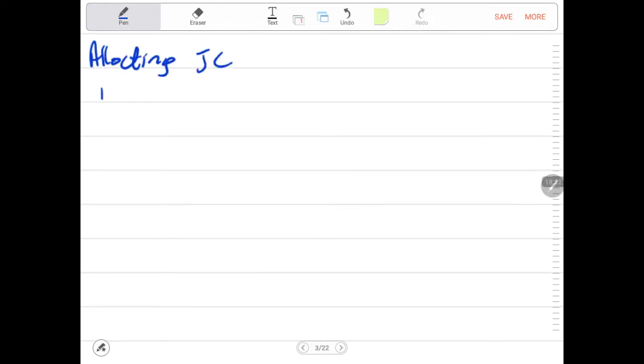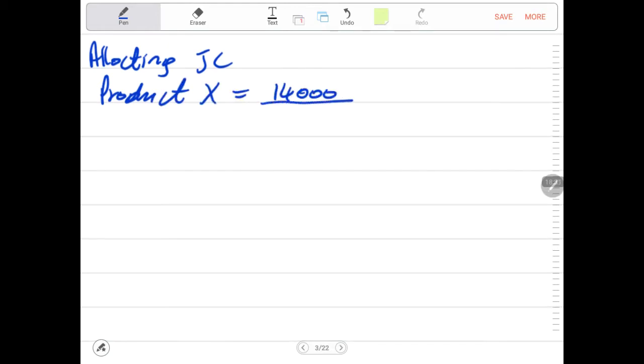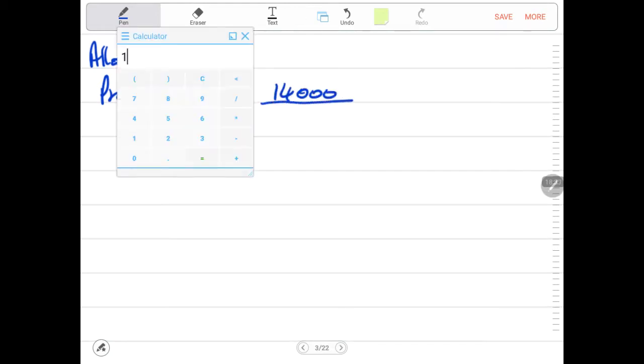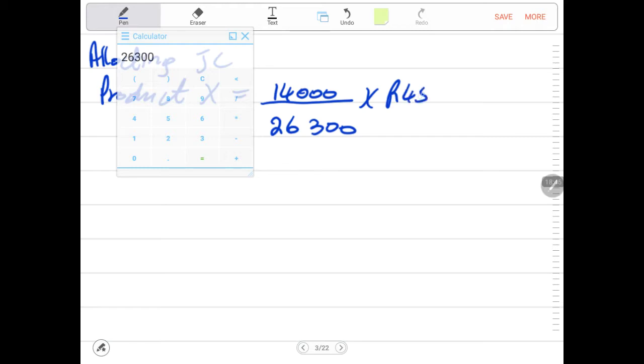Then we start with the first product, which is product X. Now product X, we had 14,000 units that were produced. Divide this by the total units, 12,300 plus 14,000, meaning all the units that were produced by the two products, 26,300. Then we multiply this by the joint costs that were adjusted by the revenue from the sale of the byproduct.